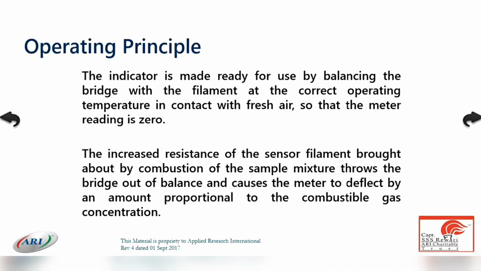The Wheatstone bridge becomes imbalanced and current starts flowing in the circuit. The amount of current corresponds to the percentage of hydrocarbon present in the sample gas in LEL form. The galvanometer at the center will give the LEL reading of the hydrocarbon in the sample gas.